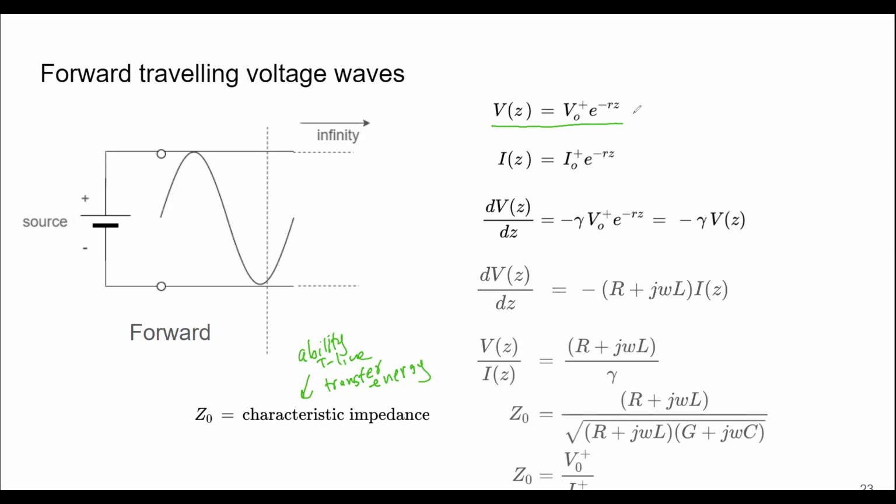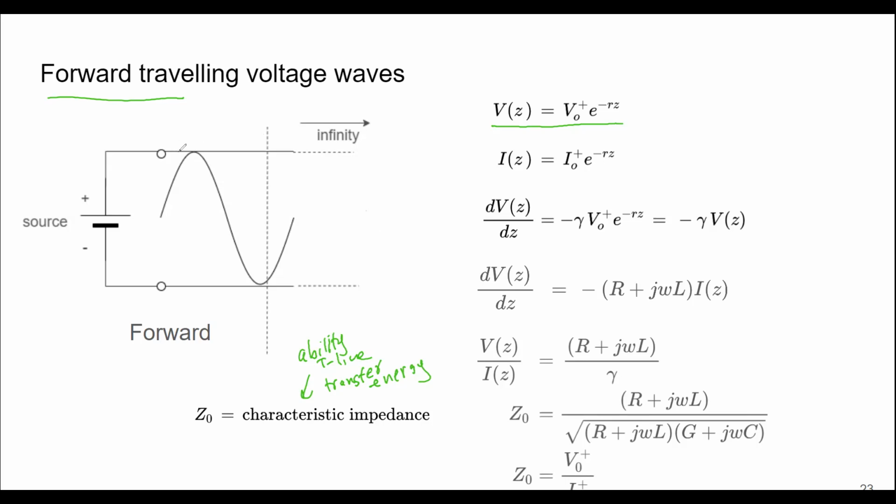But here we have considered a case where we only have a forward going voltage. We assume the transmission line has only the voltage supply and the waves go on to infinity, and it is not connected to any load or any other component at the end of the line.